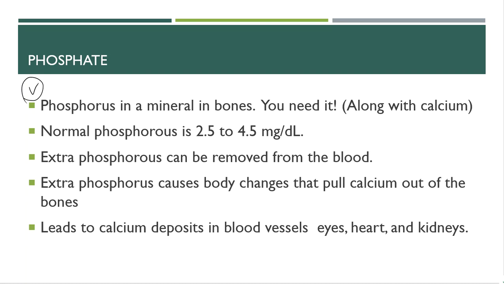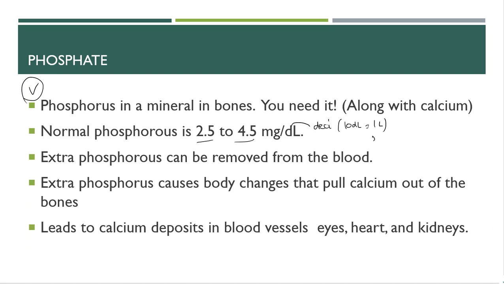A normal, healthy person typically has a phosphorus level of 2.5 to 4.5, and this unit is milligram per deciliter. All right, and keep in mind that deci is tenths. All right, so 10 deciliters will equal 1 liter.